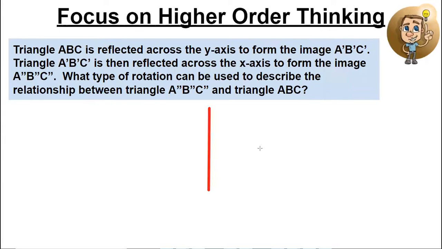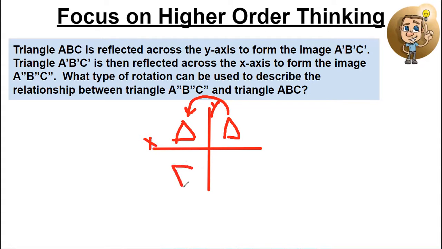Let's make a coordinate graph here, a simple one. And triangle ABC is going to be, let's just say it's right here. If it's reflected across the y-axis, it's going to be reflected to over here, correct? And then if it's reflected again over the x-axis, it's going to end up over here. What type of rotation would be the same result?